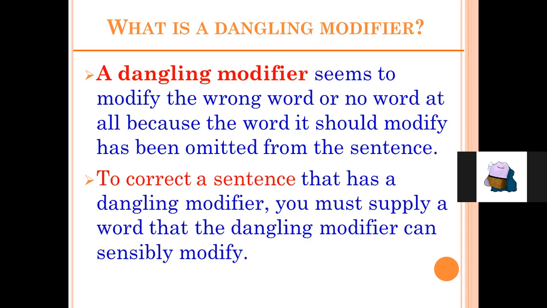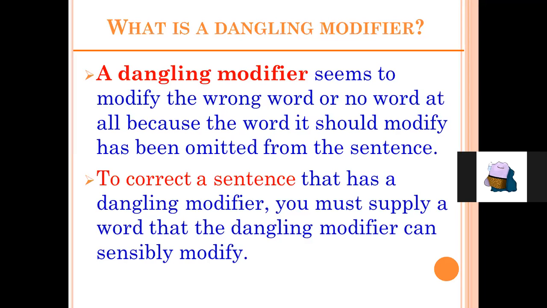Okay, to sum up, a dangling modifier refers to a modifier that modifies no word or phrase. So we call it a dangling modifier. While the misplaced modifier you learned yesterday modifies the wrong word.